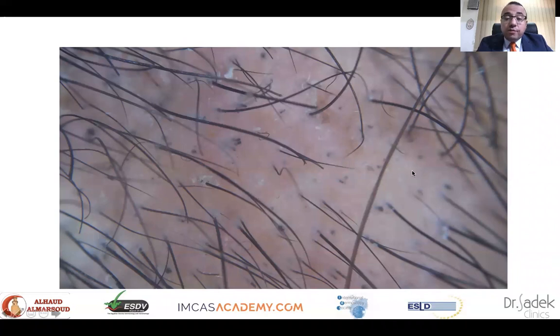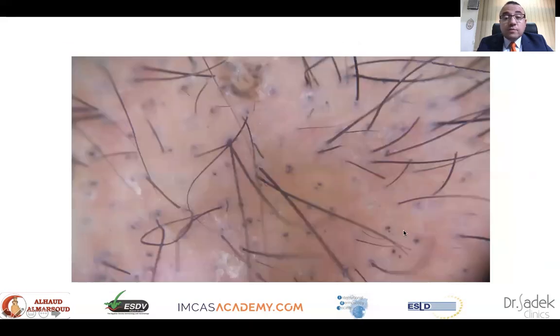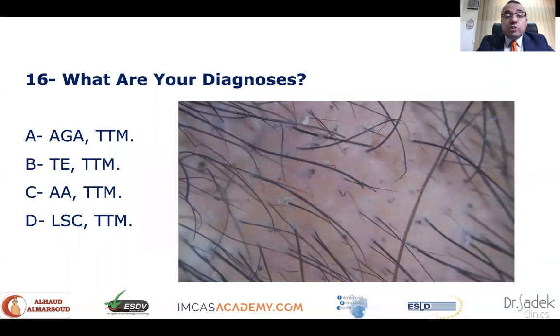Yes, she's still suffering from broken hairs at different levels and black dots, but she's also suffering from something else. Can you guess? Again, what are your diagnoses? Is it androgenetic alopecia, telogen effluvium, alopecia areata, or lichen simplex chronicus with the trichotillomania?